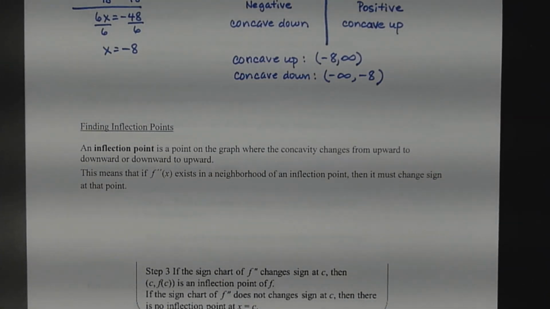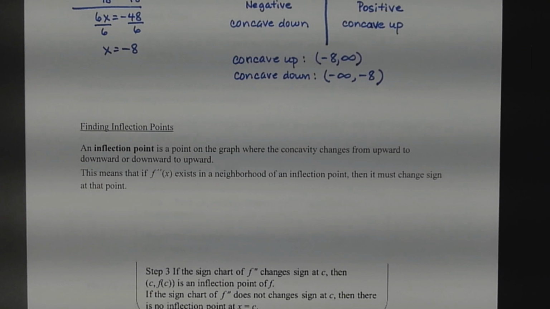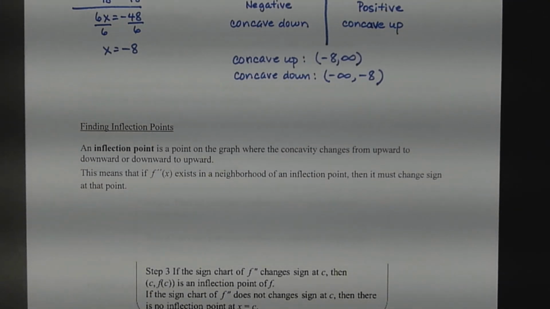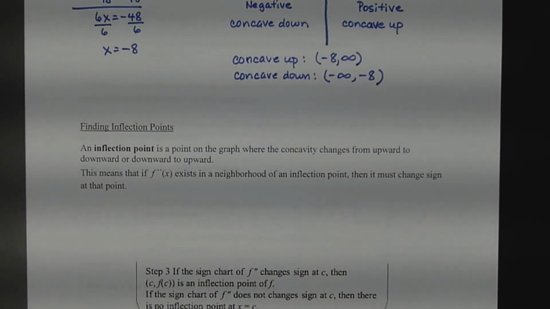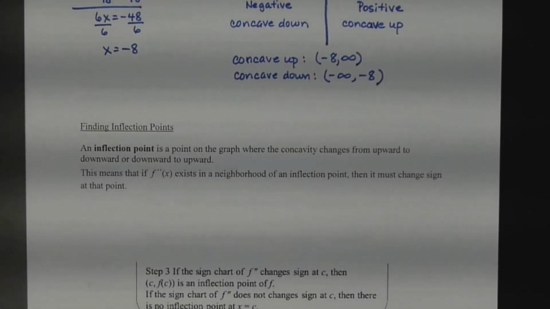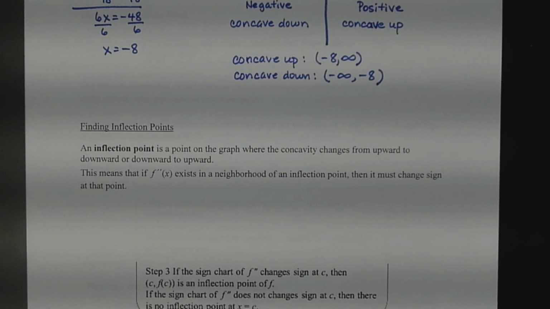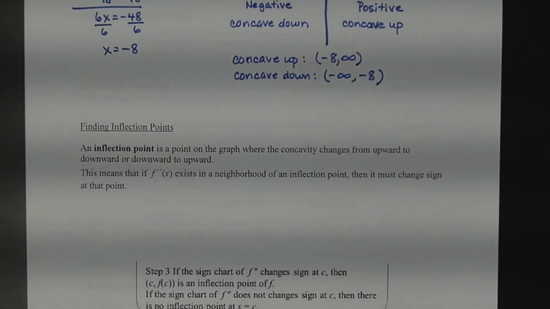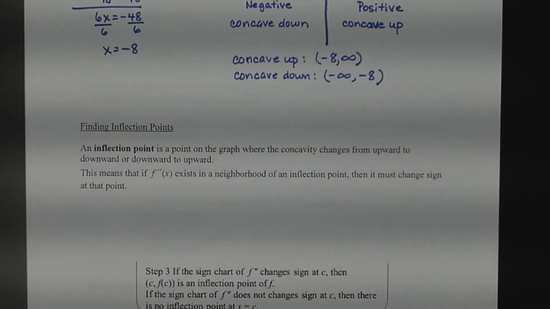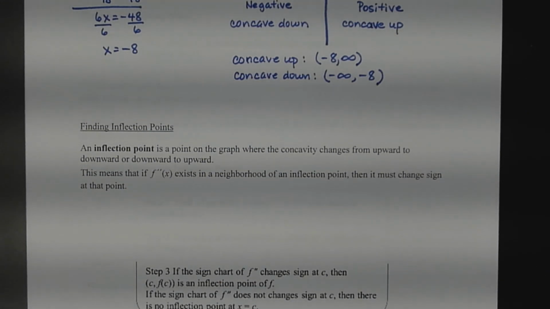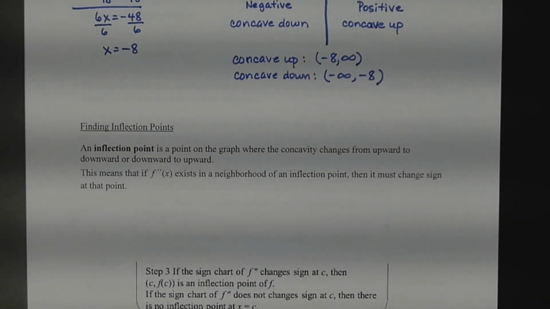This means that if f double prime of x exists in a neighborhood of an inflection point, then it must change sign at that point. So the inflection point is usually where your second derivative undergoes a change in sign, from positive to negative or from negative to positive.